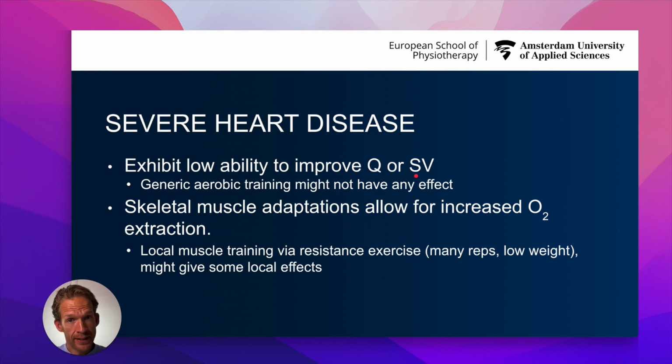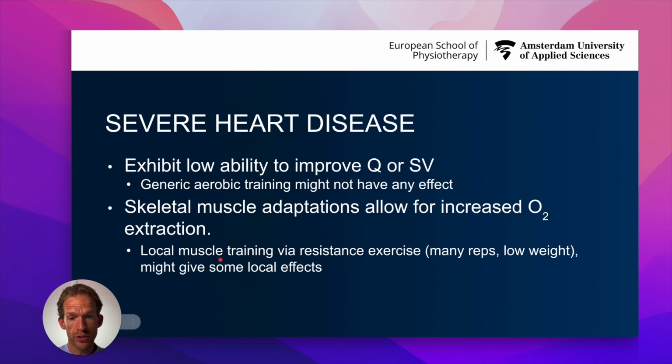What you could do instead is then focus on this AVO2 difference. So the Fick equation can still deliver a higher value for VO2, not because cardiac output is increased, but, for example, because of the AVO2 difference that's increased. And this AVO2 difference can be triggered and trained, for example, by local muscle training. So what you see in some of the cardiac rehab programs is that they at least include an exercise modality or a package of exercises that are related to local muscle training.